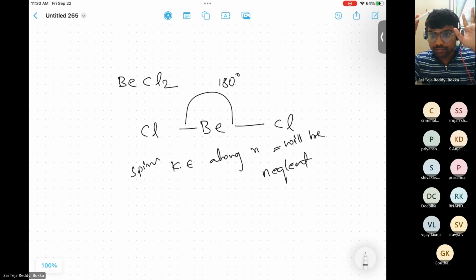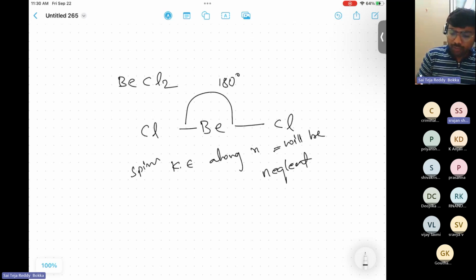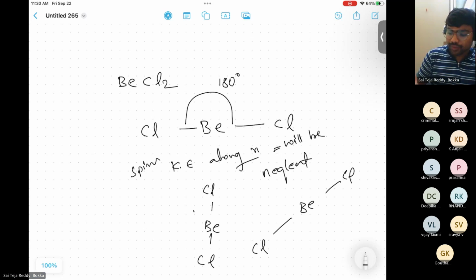Clear? Is everyone clear with that? So while I'm eliminating x, the reason is that it can spin like this, Cl, Be, Cl, and it can spin like this, Be, Cl, Cl, and in this direction.